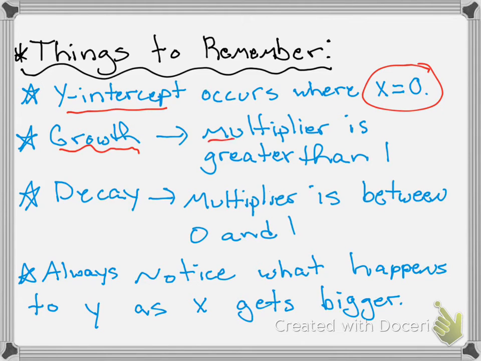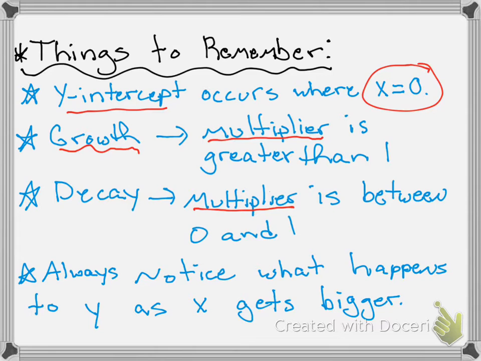So your multiplier, the number that will have x as the exponent, has to be greater than 1. If when you look at your table, the x values are getting bigger and the y values are getting smaller, then that table is showing exponential decay. And that means that your multiplier has to be between 0 and 1.